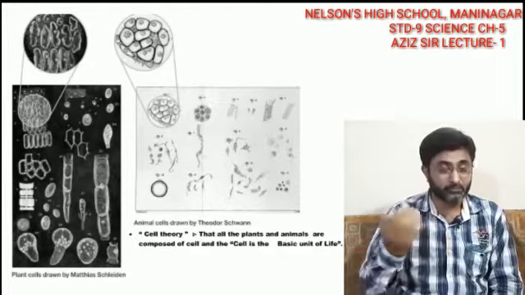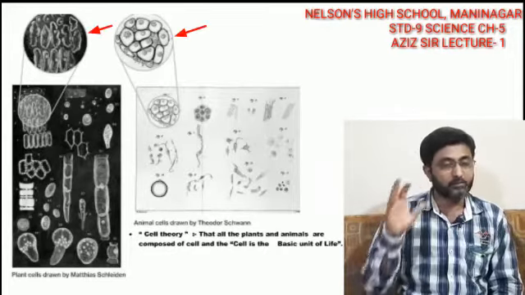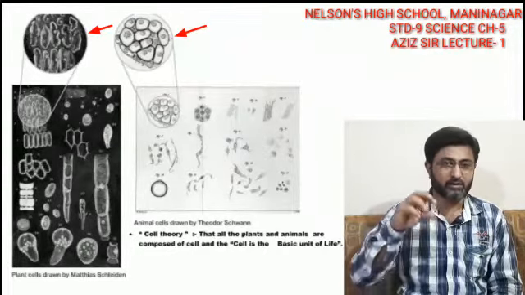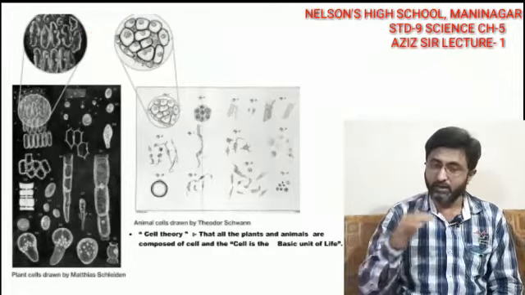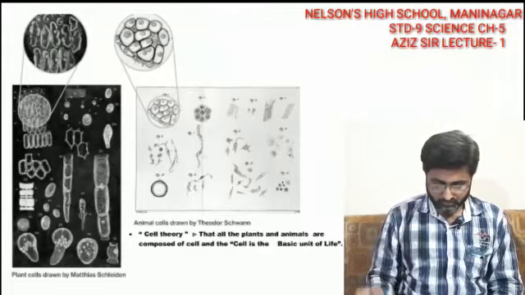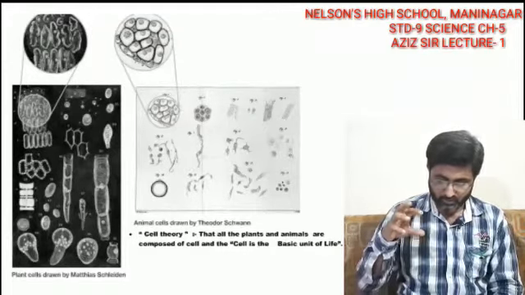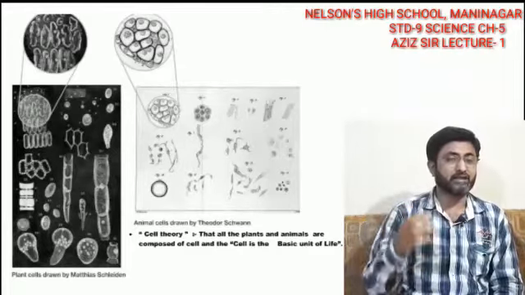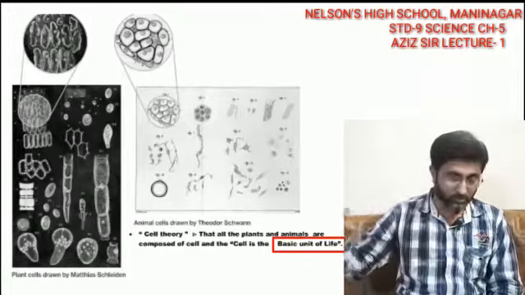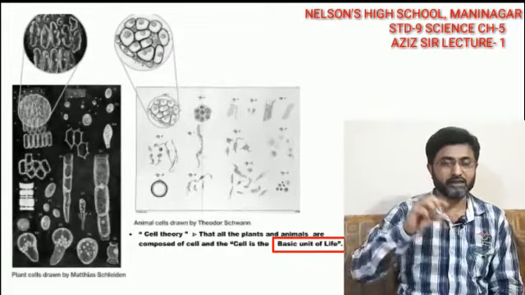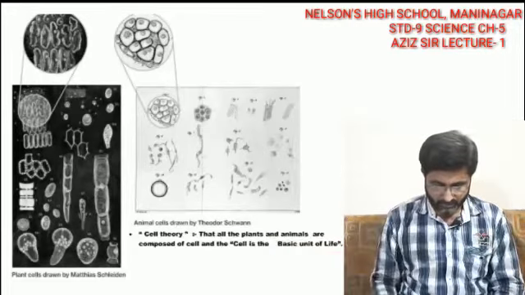That's why we are capable of eating plants, because they are entirely different from us by looking and all, but their basic structural material inside the cell is the same. Even animals to animals, they are the same. So all the plants and all the animals are composed of cells, and cell is therefore called the basic unit of life. This was a very important statement which he gave. A cell is termed the basic, fundamental unit of life.